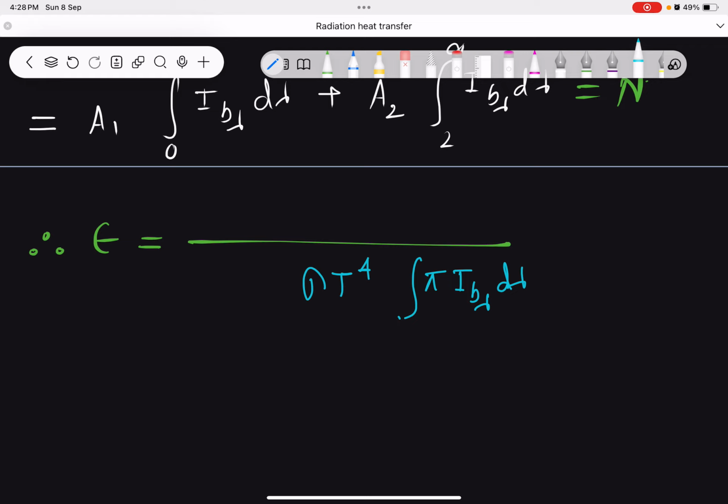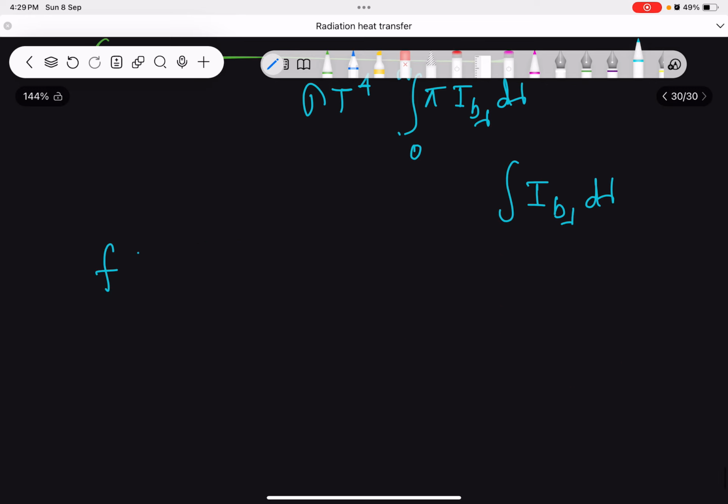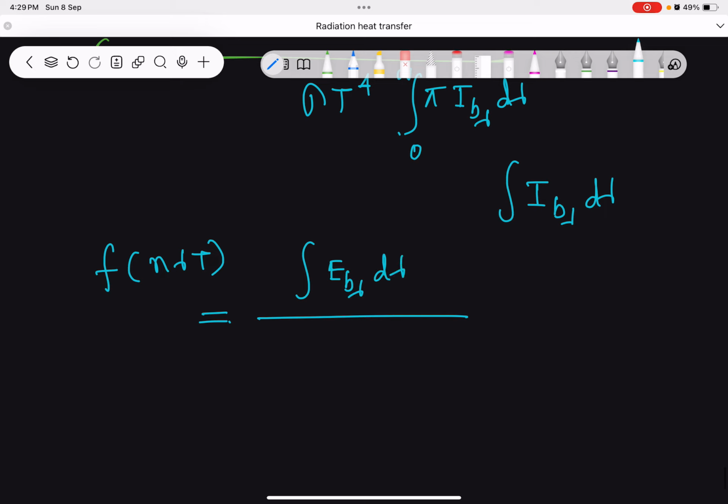The moment you say fractional black body emissive power, that means you are talking about this thing, 0 to infinity, and not this thing. This mistake is also very common.